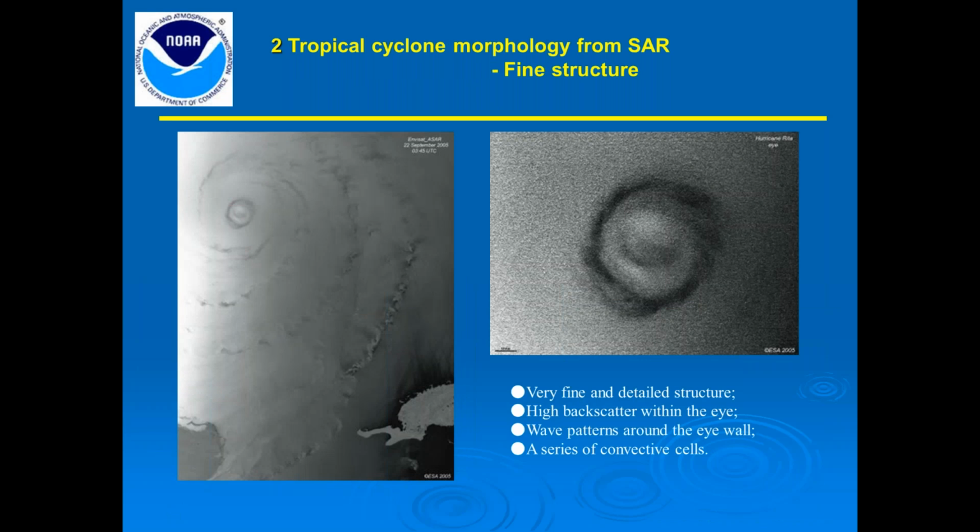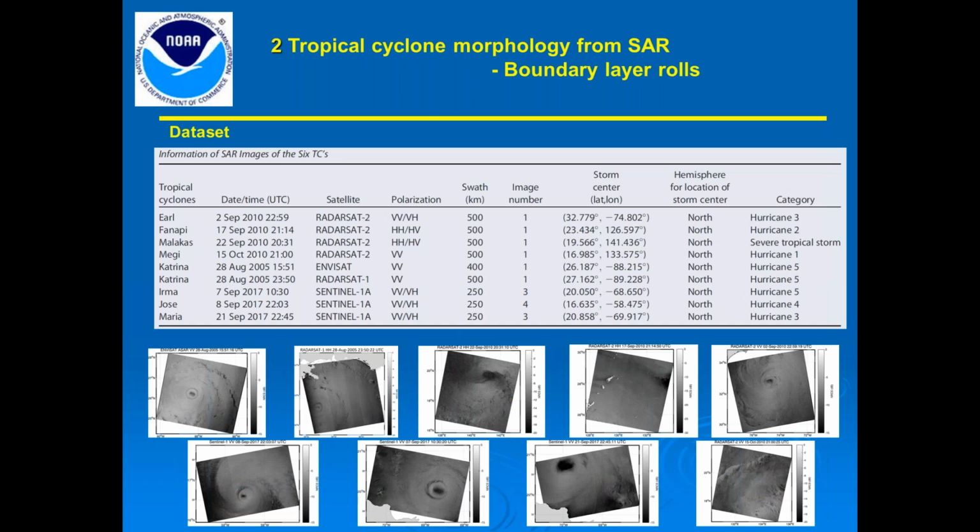This is a very detailed image. If you can see it, very fine, very detailed structure. If you blow it up, you can see the waves. Very distinguished eye and eye wall structure. Okay, very fine scale.